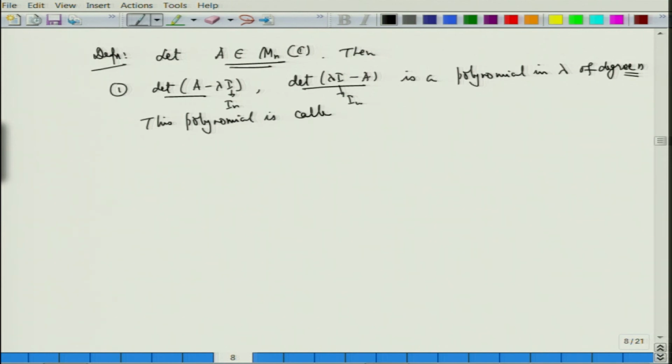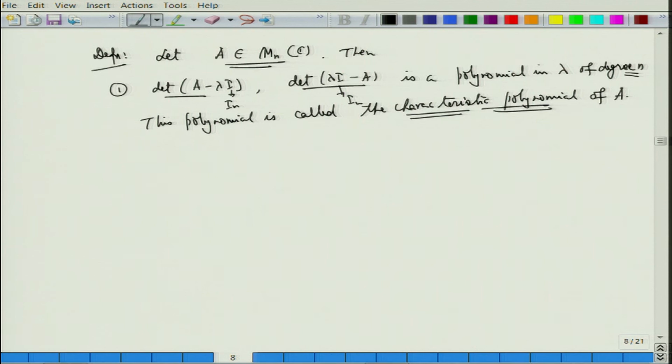This polynomial is called the characteristic polynomial. So what we are saying is that we compute determinant of lambda I minus A. It is a polynomial in lambda of degree n, and this polynomial is called the characteristic polynomial. The roots of this polynomial are called characteristic roots. Fine. 2.